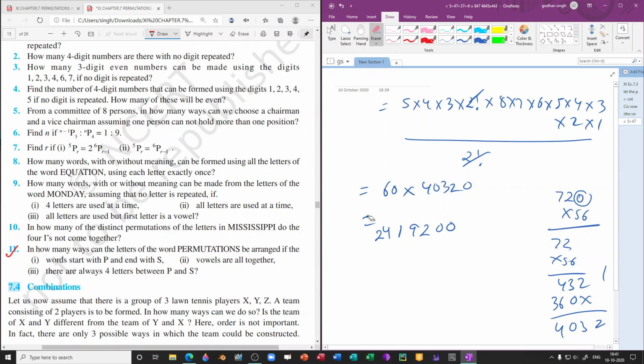So the required answer is 241920. So this is the answer of the second part.